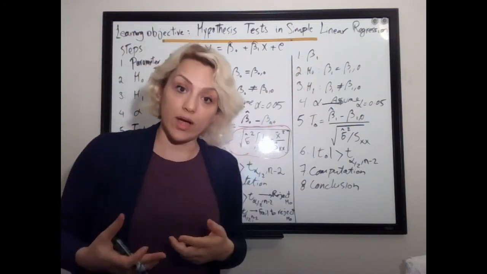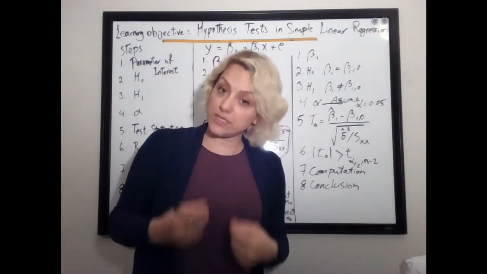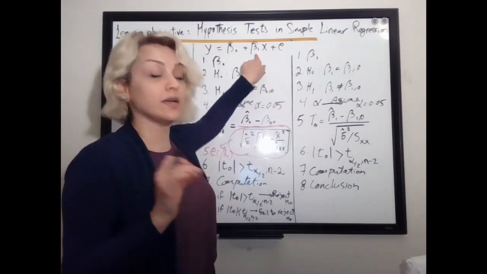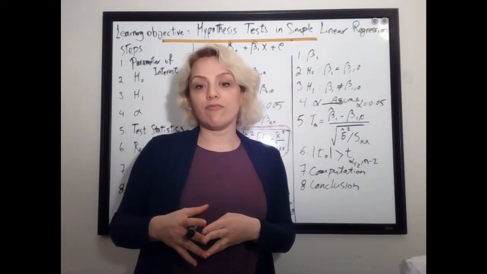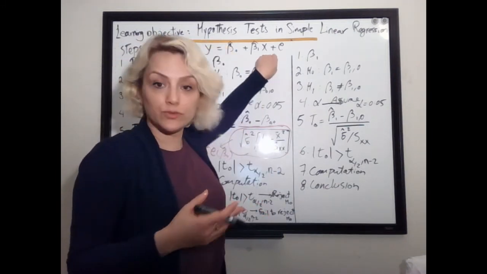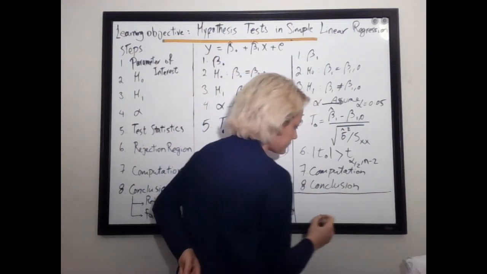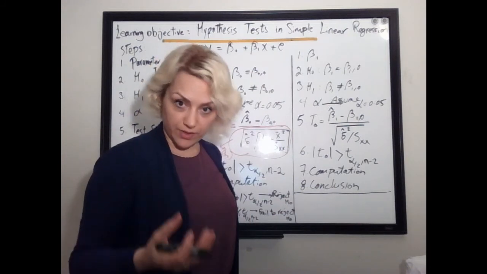The next one is when my parameter of interest is beta 1, but in that case, I want to make sure that the beta 1 is not equal to 0. Because if beta 1 is equal to 0, in fact my model wouldn't depend on the x, right? So the next one is what we call significance of regression.